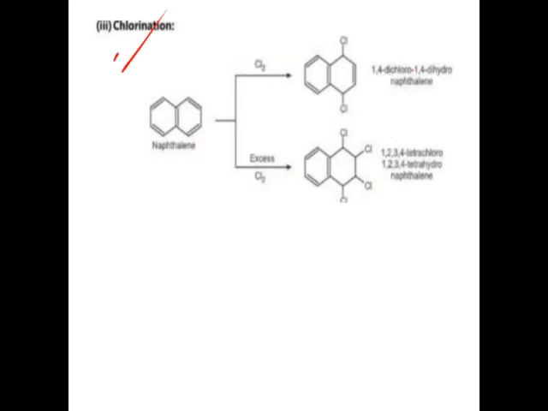But if we use excess chlorine, you can observe all these four positions, four chlorines are formed. So with a specific amount of chlorine, this 1,4-dichloro is formed. But if we use an excess amount of chlorine, 1,2,3,4-tetrachloro-1,2,3,4-tetrahydronaphthalene is formed.